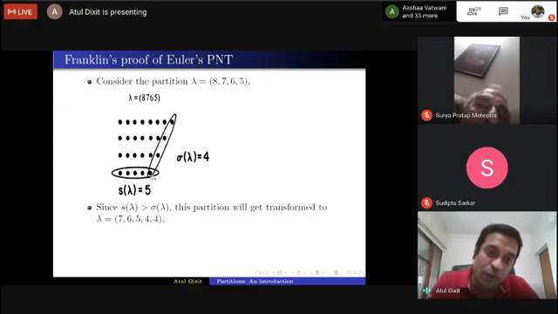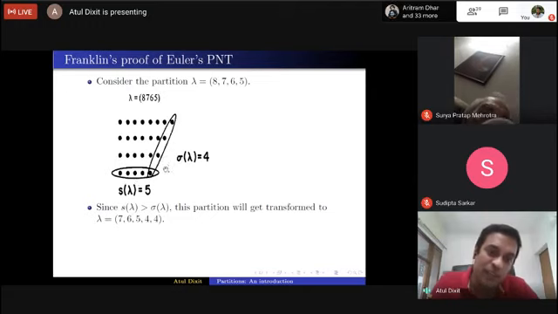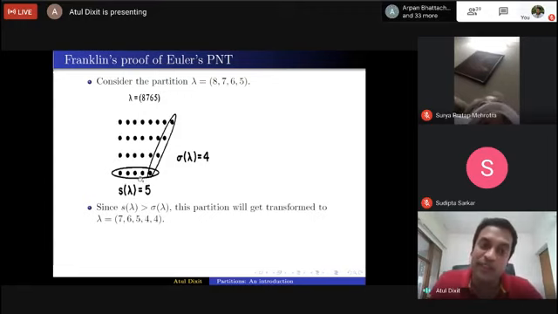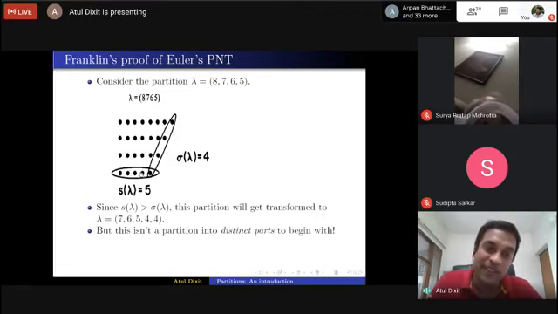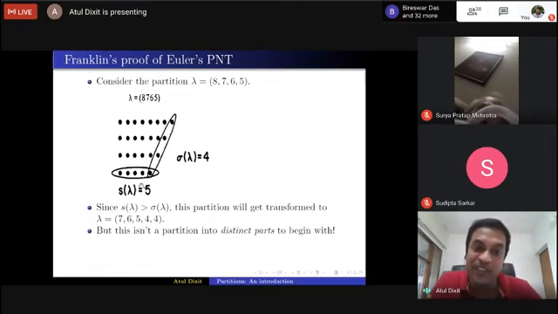So we take these 4 dots and put them below. When I take these 4 dots and put them below, I don't get a partition into distinct parts to begin with. Because I have this 4, remember this dot along with these 3 goes below. So I get 4 here as well as 4 here below. So this is not even a partition into distinct parts.